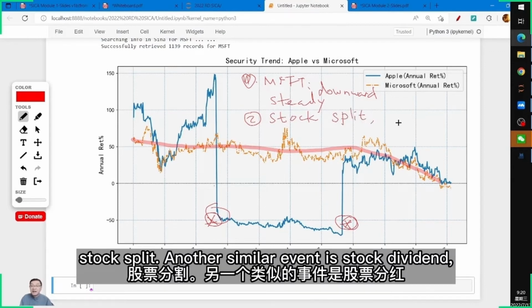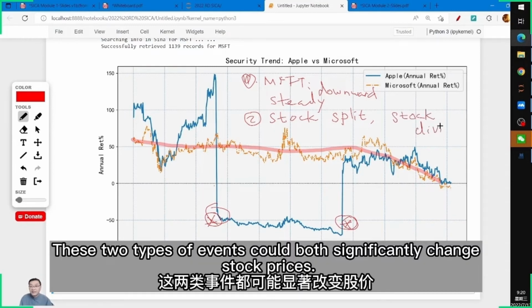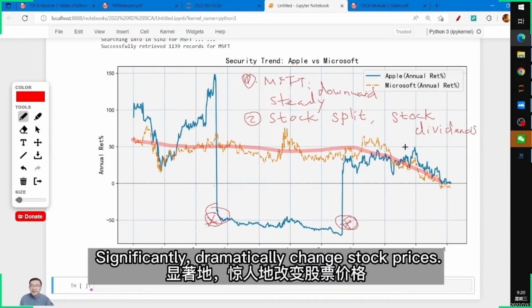Another similar event is a stock dividend. These two types of events could both dramatically change stock prices.